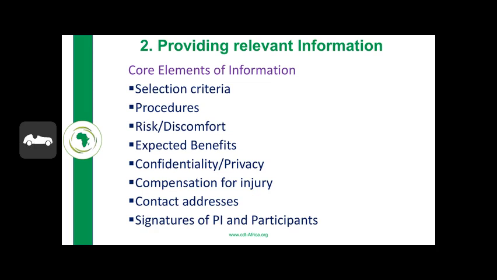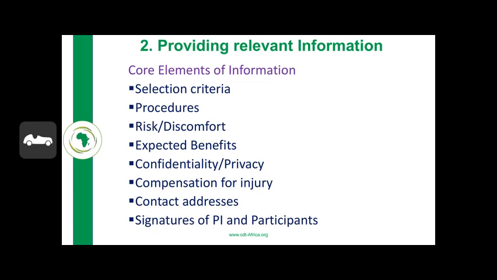The risk or discomfort the trial can pose to the participant, the expected benefits the trial can bring about, how to protect confidentiality of the information provided by the participant and the data generated from the study.